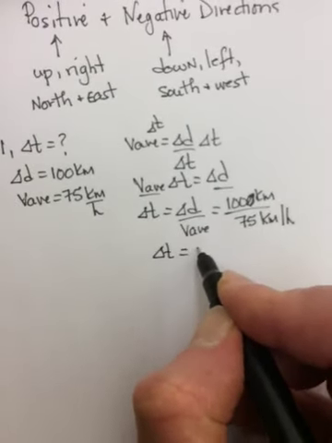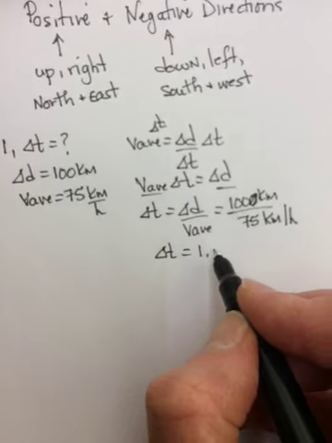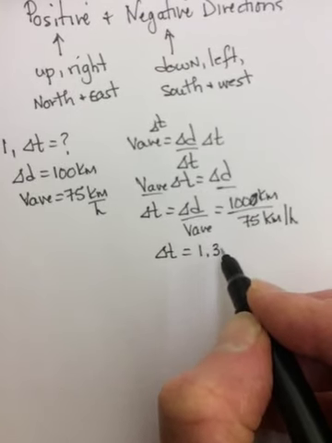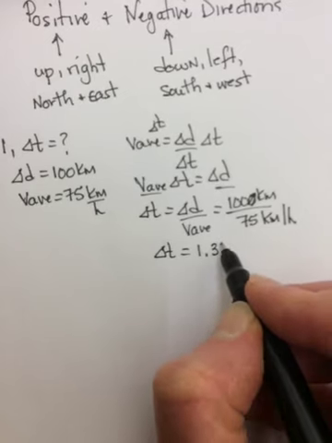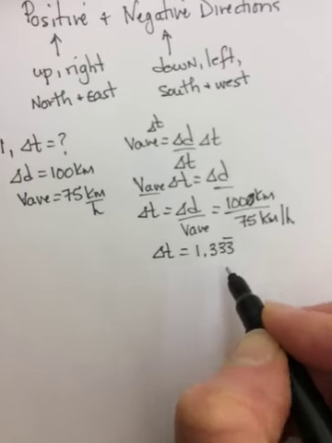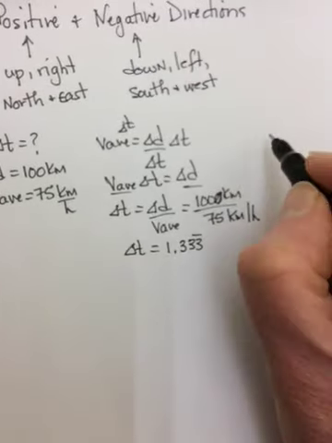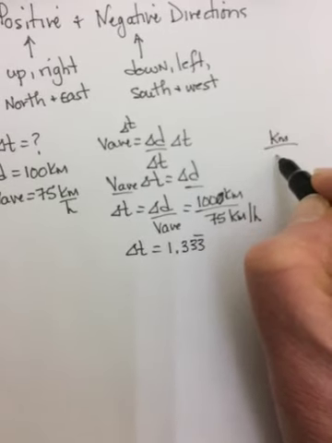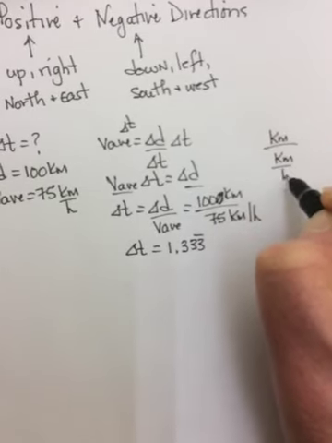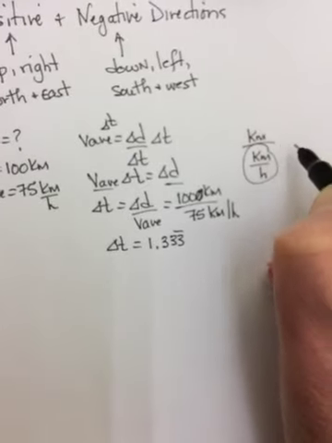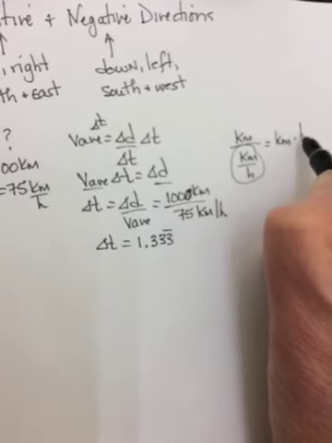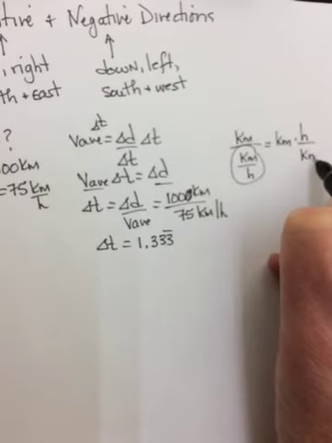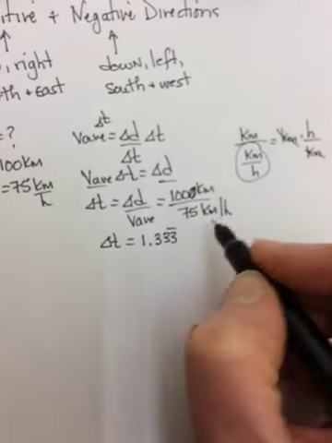So delta t is going to equal 1.3 repeating, and it tells you that you can have four significant digits, so 1.3 repeating. Now, just as a little aside, kilometers divided by kilometers per hour. Dividing by a fraction is the same as flipping and multiplying. So multiplied by hours over kilometers, the kilometers will cancel.